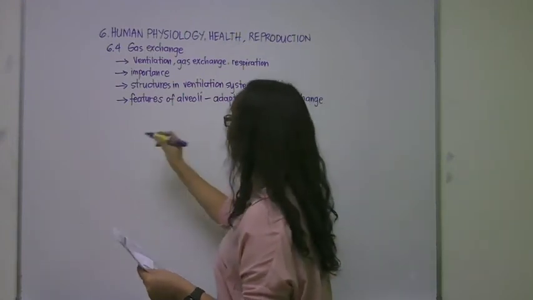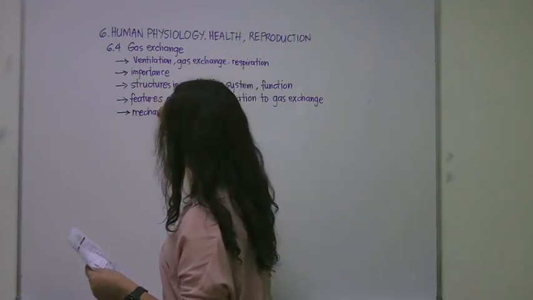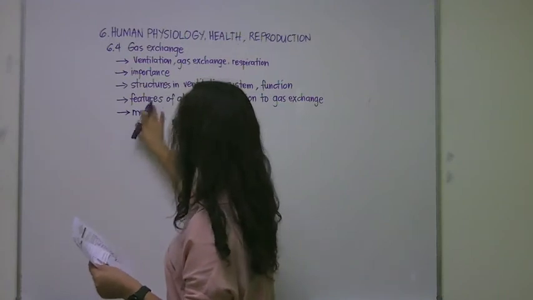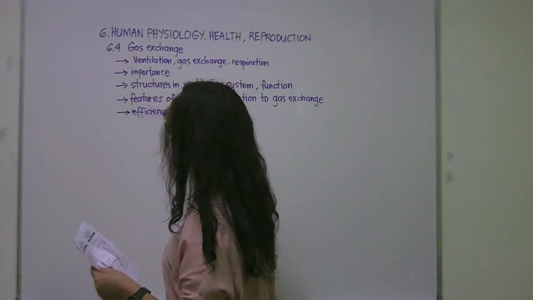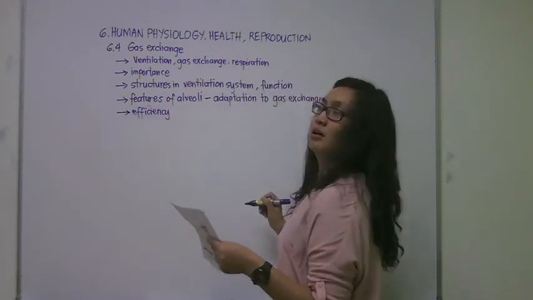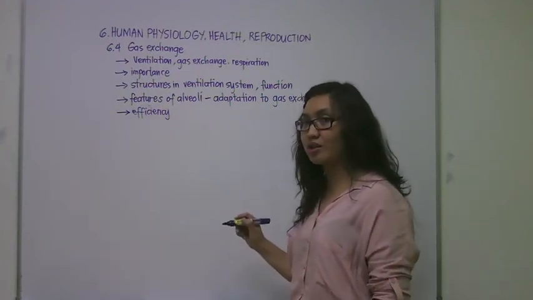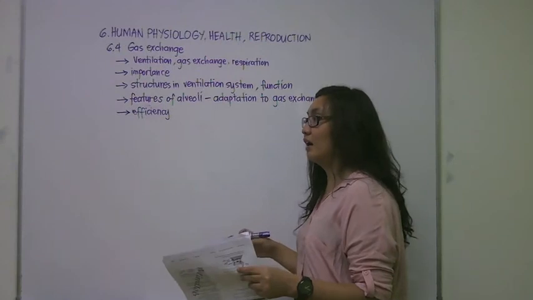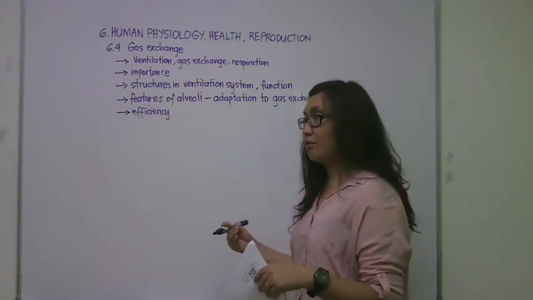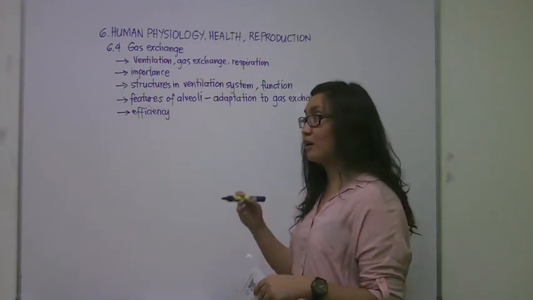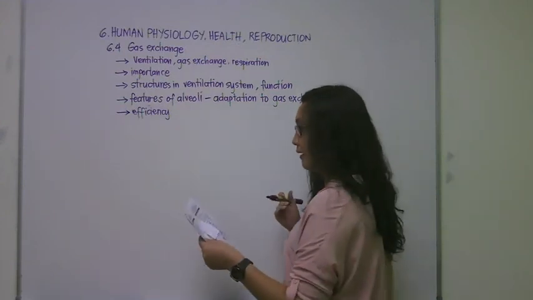More importantly, we have to include the efficiency of lungs. Why are the lungs an effective organ of gas exchange? Because within these structures we can find the alveoli, and the lungs and the alveoli provide a larger surface area through which gas exchange can occur. So therefore, each and every cell can acquire oxygen.